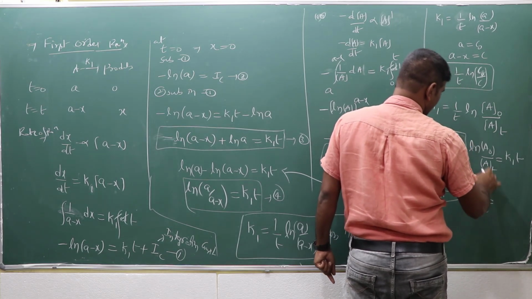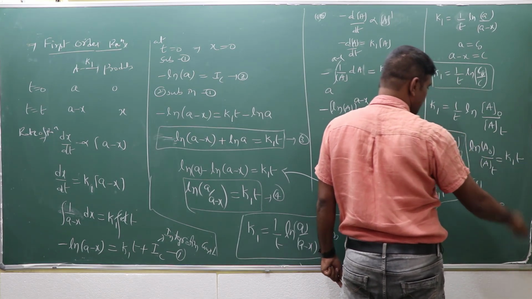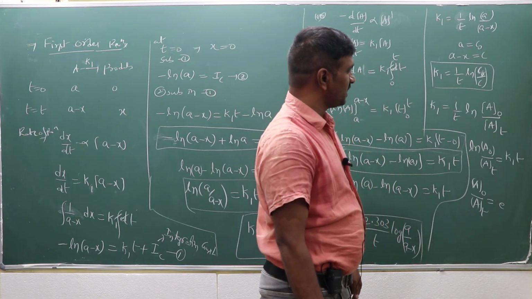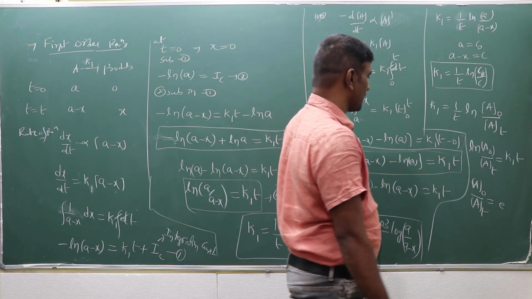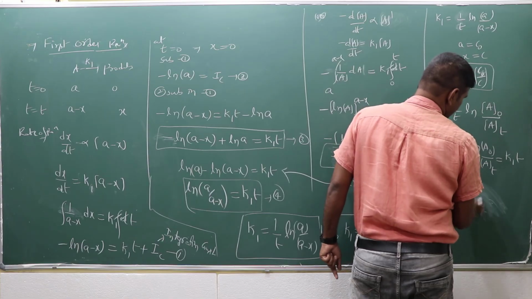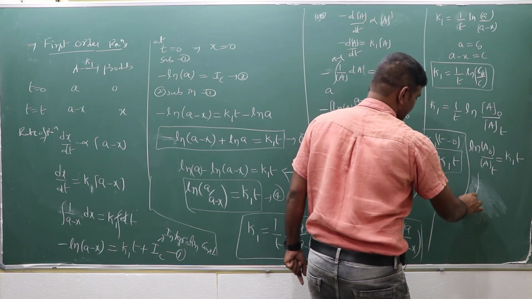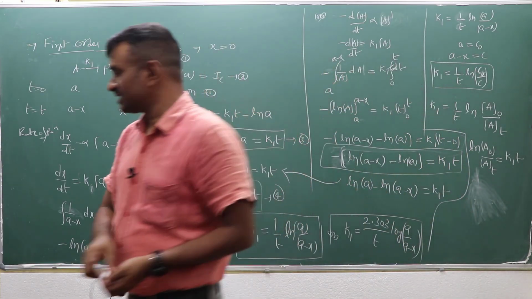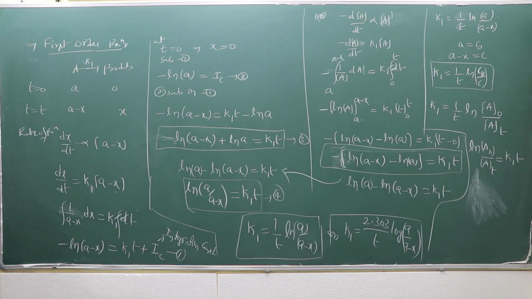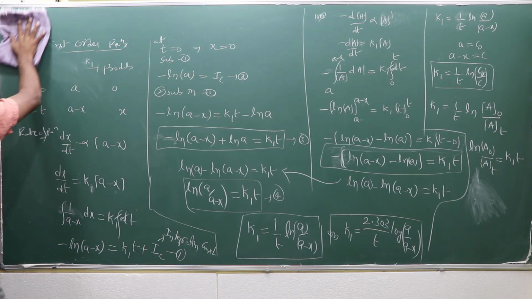The ln goes to the right side as an exponential factor. So this is the rate of reaction from the first order kinetics point of view.